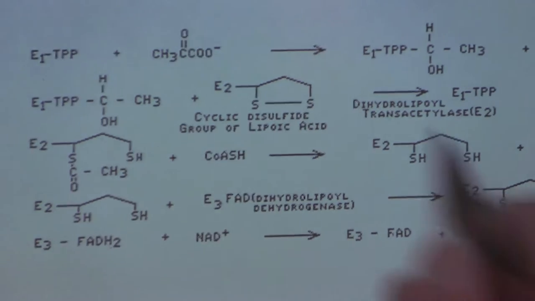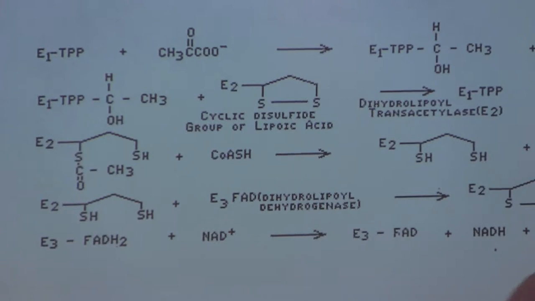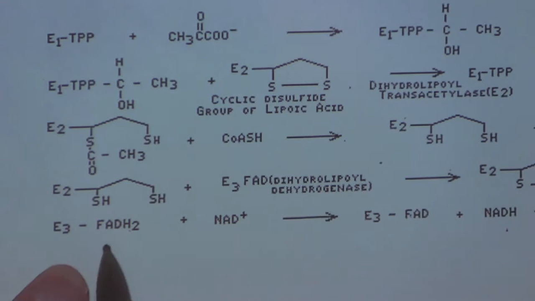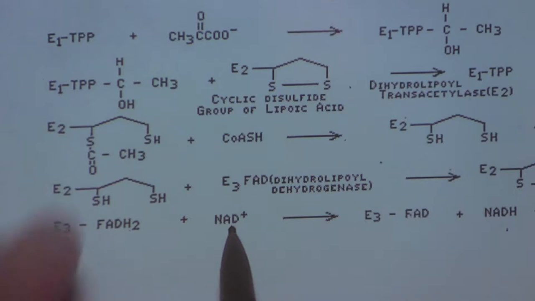Let's go back up here. We need to get those hydrogens off, because they have a bit of energy. So the hydrogens are going to be transferred to NAD as a hydride ion. Hydride ion.